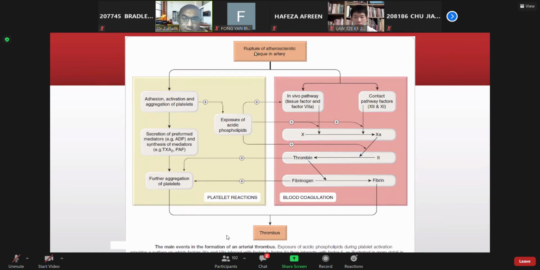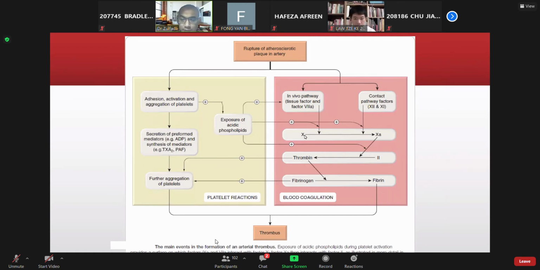In the event of rupture of an atherosclerotic plaque in an artery, this can be divided into two: platelet reaction and blood coagulation. In the platelet reaction, I already mentioned adhesion, activation, and then the platelets further aggregate with each other. Concurrently, the blood coagulation cascade is also activated.